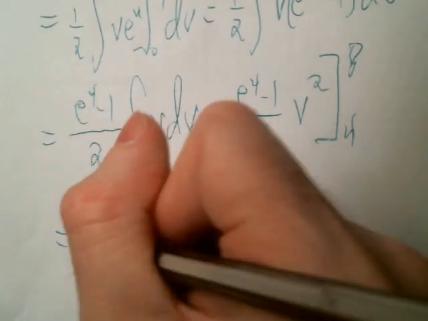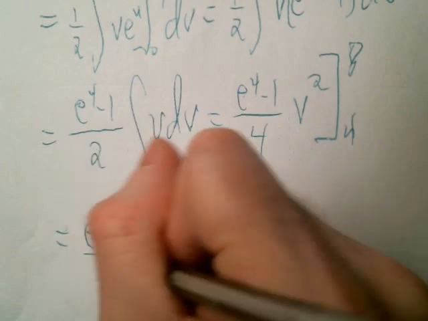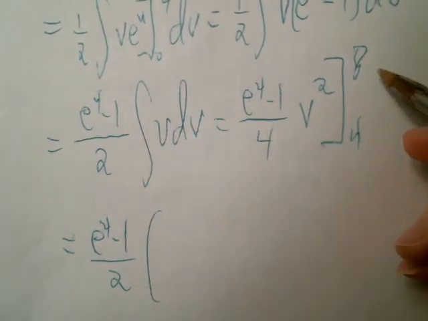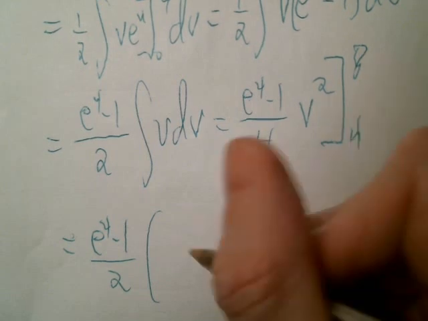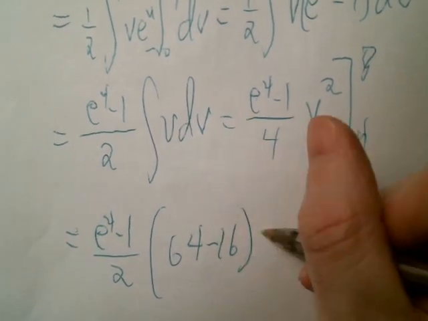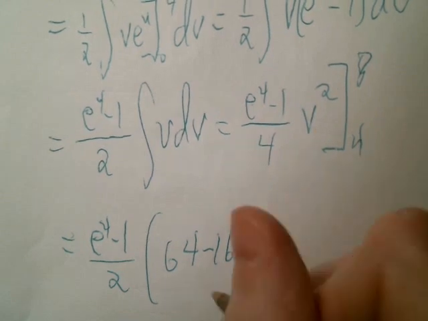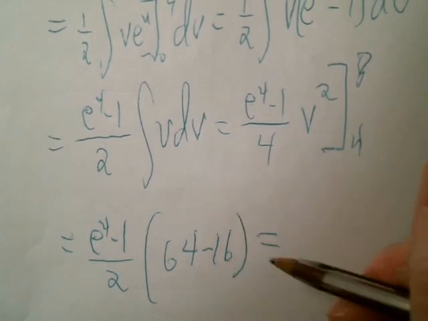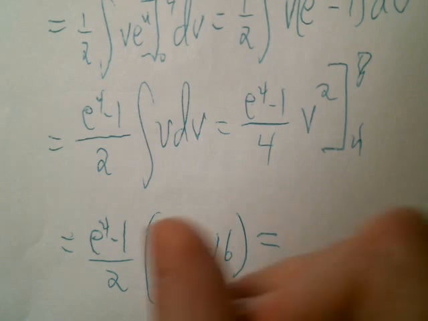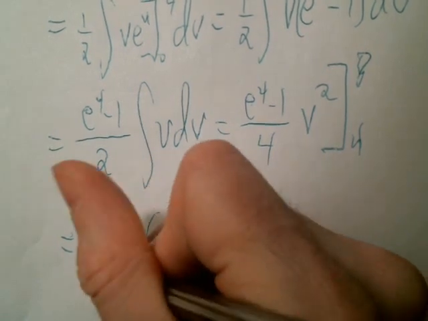Okay, so I have (e to the 4 minus 1) all over 2 times v squared, which is 64, and then minus 16, right? 64 minus 16, which is 48. Did I screw something up? Oh, I lost my 4 right here.